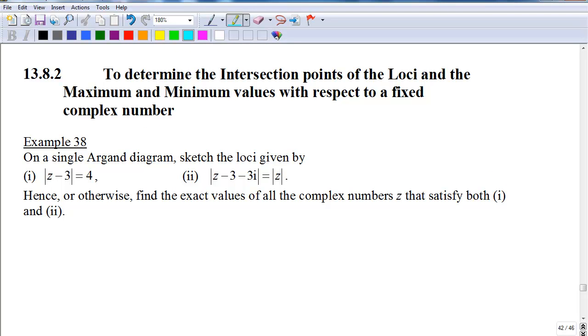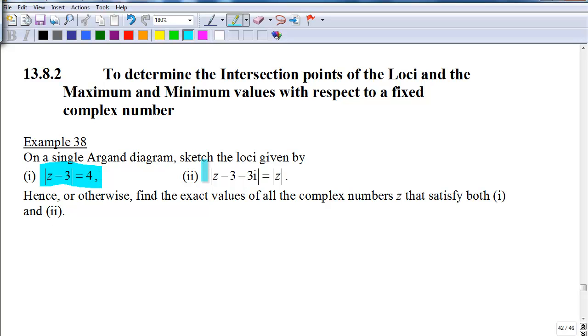Now sometimes you may be asked to derive some geometrical result from the loci that you have drawn. In example 38, you are asked to first draw the locus given by part 1, mod z minus 3 equals 4. This is a circle centered at the point 3, 0 with radius 4.